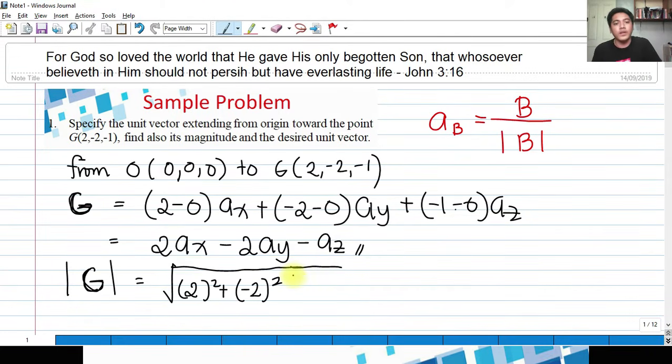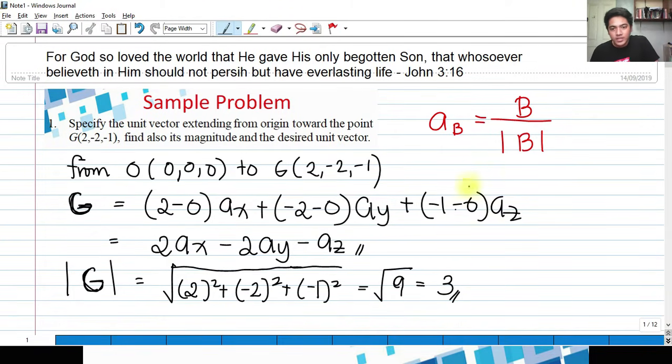No problem even if it's negative, because any number raised to a square, even if negative, will still yield a positive value. So plus -1 squared, because the component is -1. That is the square root of 4 plus 4, 8, plus 1. That's the square root of 9, and that's equivalent to 3. That is the magnitude of the vector g.